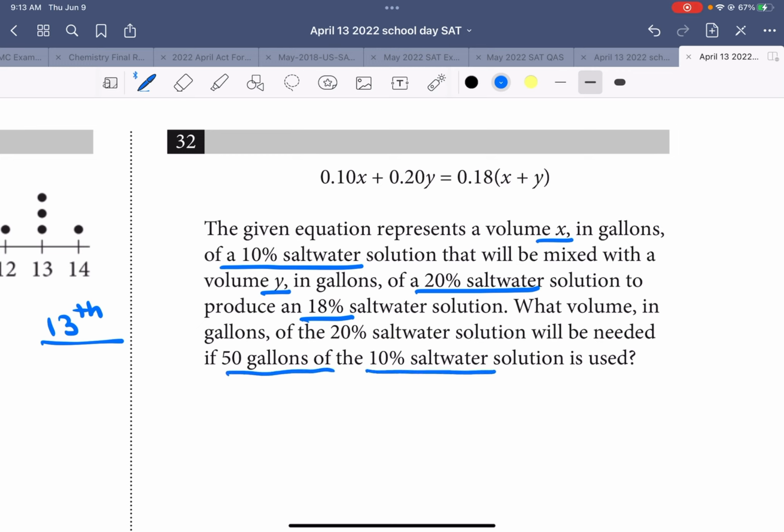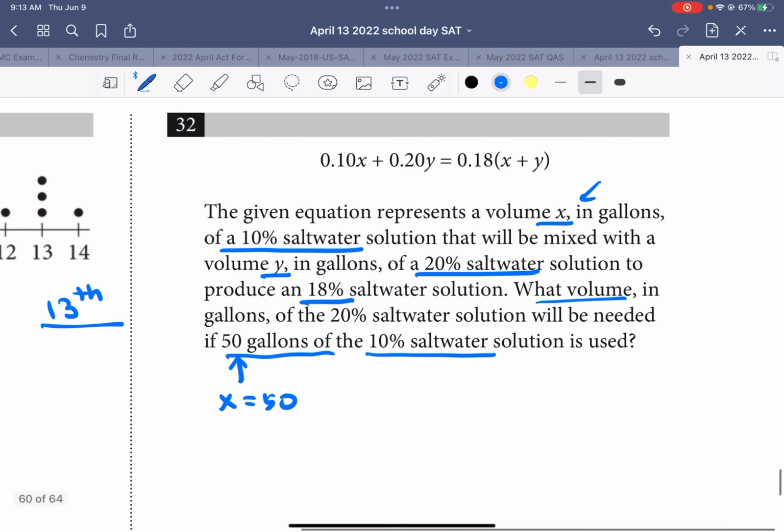So let's plug in what we know. So this is the X value, based on what is said here. Now you're looking for the Y value, right? Because Y is the 20% salt water solution, and that's the question here for volume.